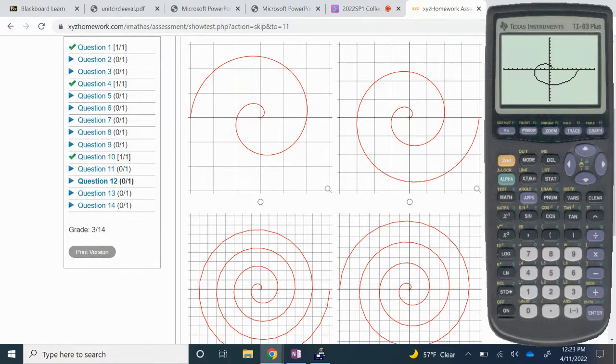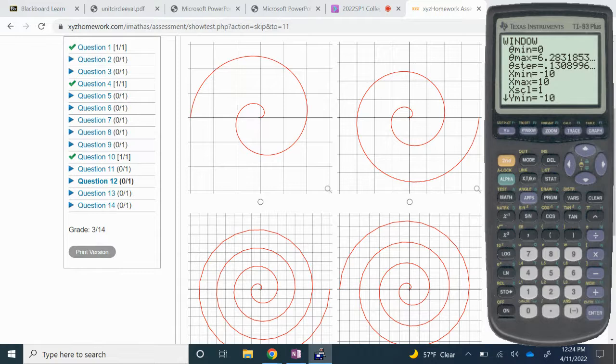For the polar graph, I'm going to go into window for a second. The default is usually from 0 to 2 pi. So I have here my theta minimum is 0.